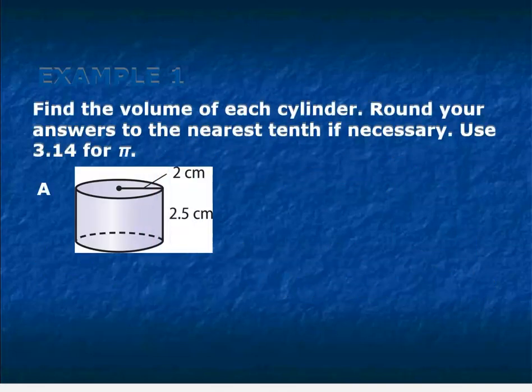On this first problem, we have this cylinder. We're going to write down the formula. You will always write down your formula first. For all of your assignments, I want to see all of your work, not just the answers. So, big B times H. Big B means area of the base.